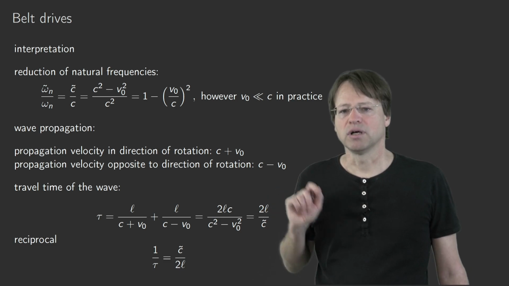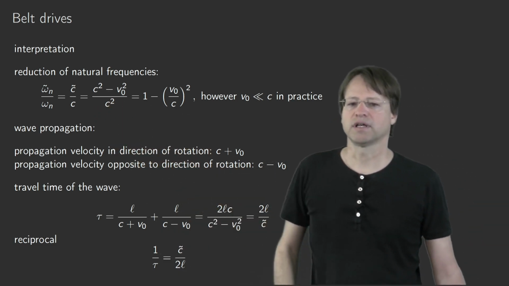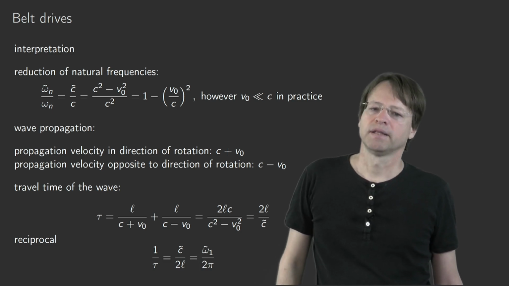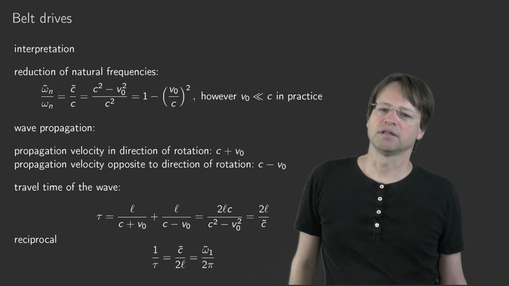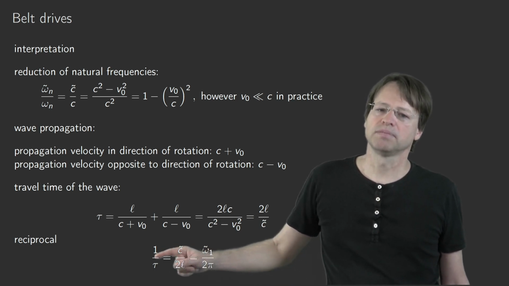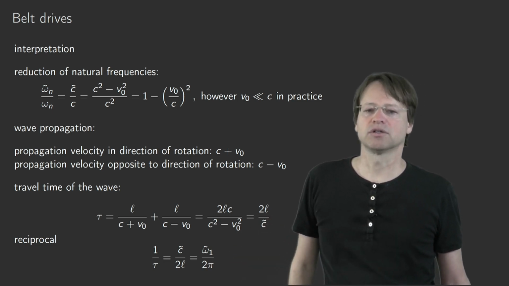If you look at omega 1, it contains this C and then the factor of pi divided by L. So it's omega 1 tilde divided by 2 pi. So this would be the period of the first fundamental natural frequency.